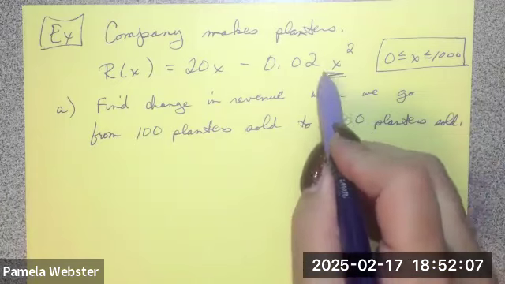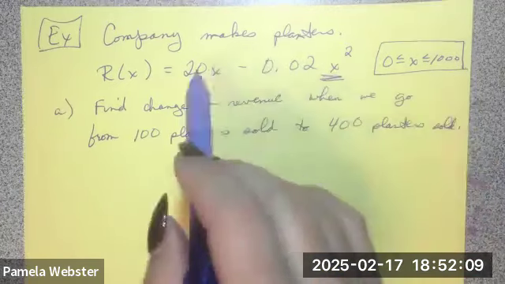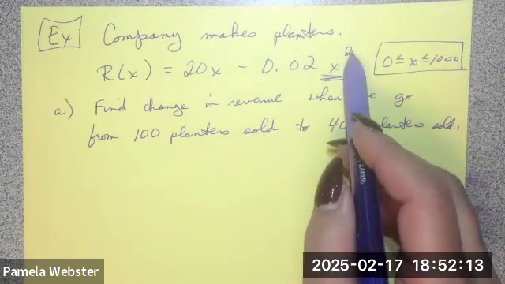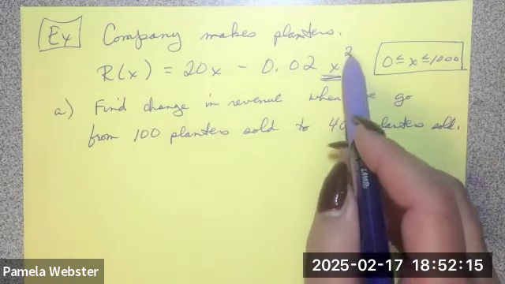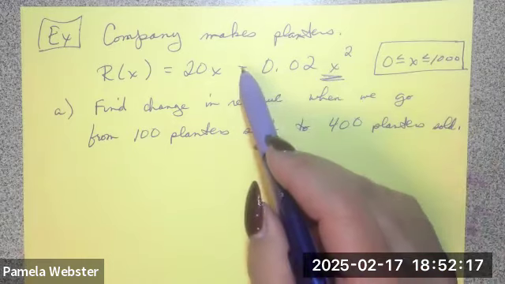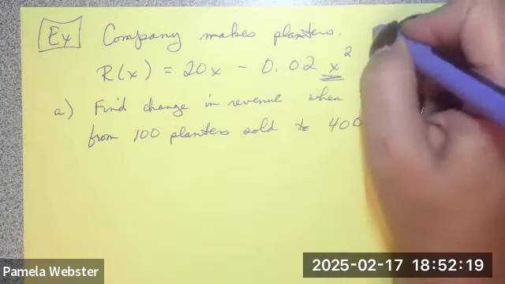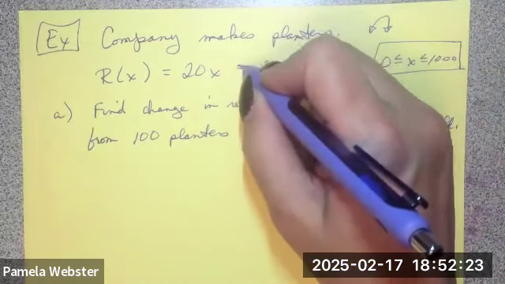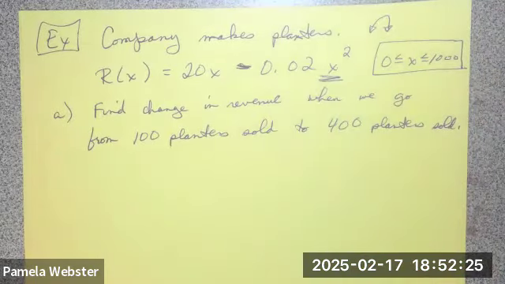This equation, by the way, let's talk about this equation. This equation is a parabola because x squared is my leading exponent, right? And it's an upside down parabola because this leading coefficient is negative.